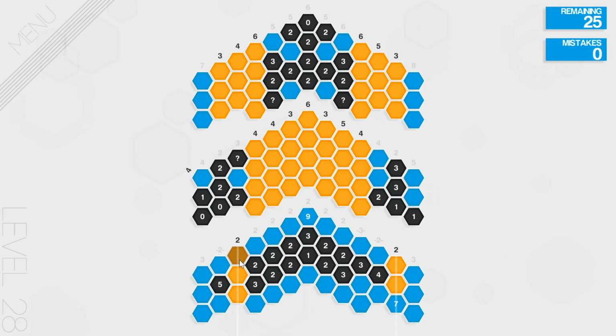So we have to put 1 here and here, which gets rid of that and that. Nice. So this bottom section is almost solved, but not quite, because we still need to decide between this and this, and then that will solve for that.